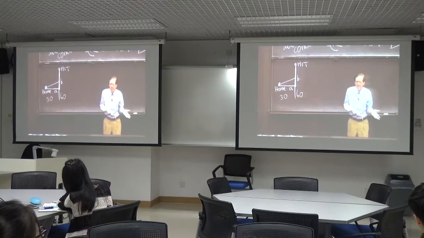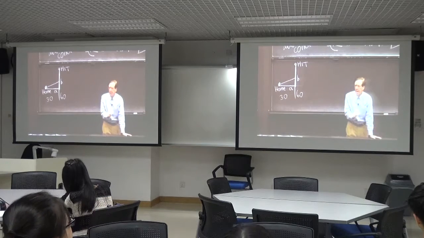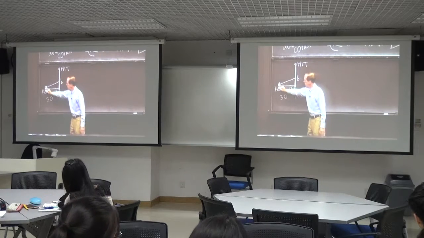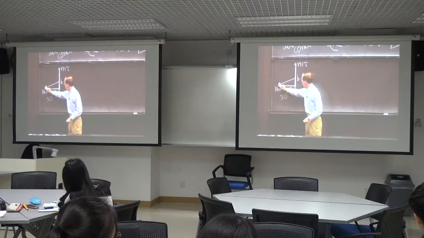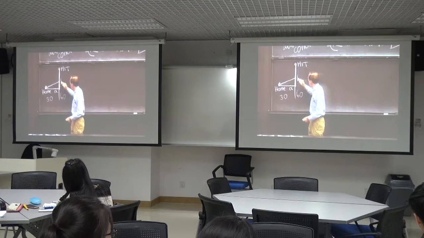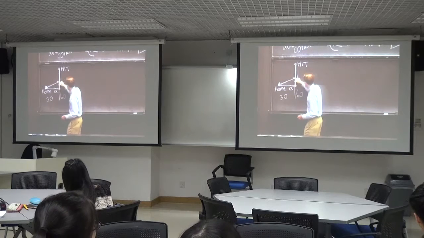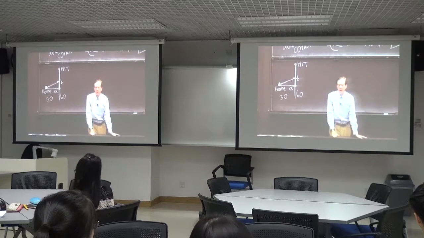So that's one possibility. But I think it's not the best. I think I should probably angle over here and pick up the Mass Pike. My question is, where should I join the Mass Pike?